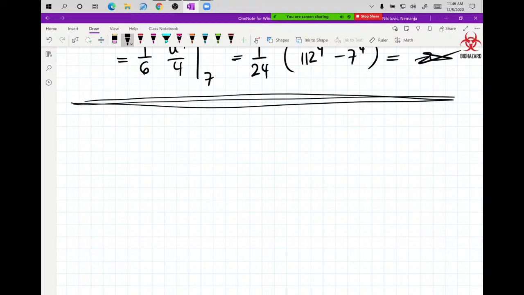Let's take a look at another u-sub problem. It goes something like this. The integral from ln 3 to ln 7 of e to the x divided by e to the x plus 4 dx.